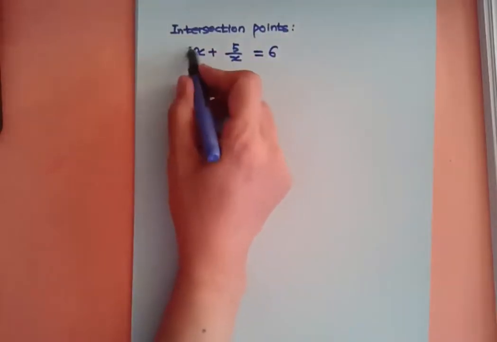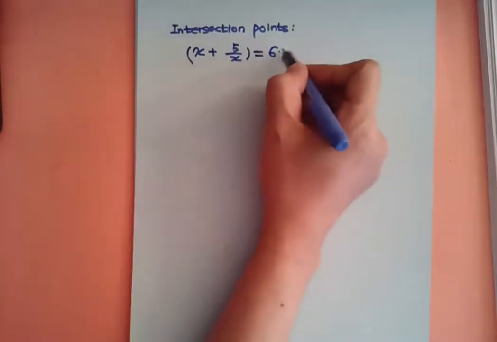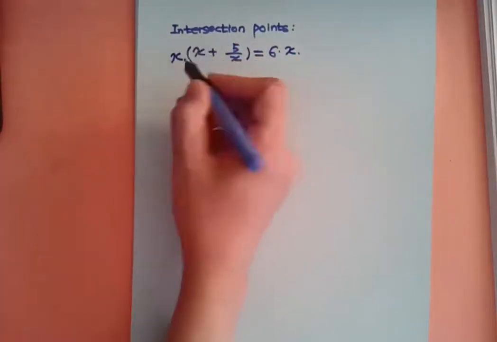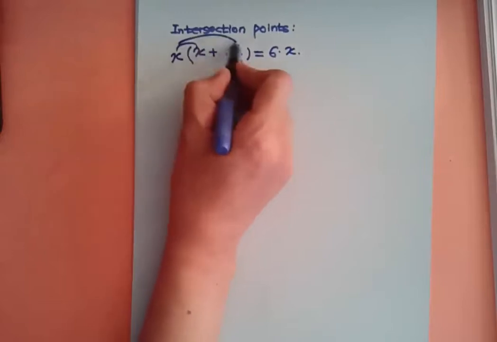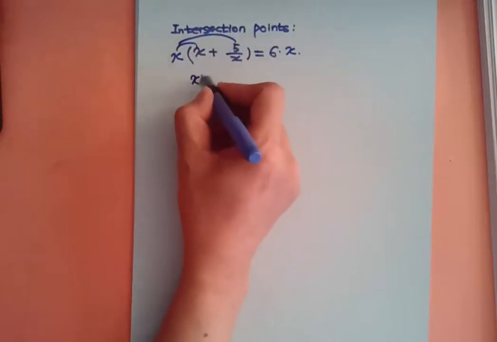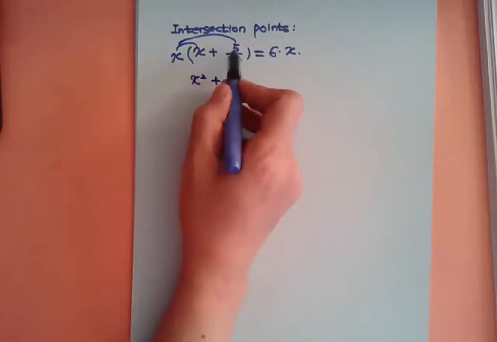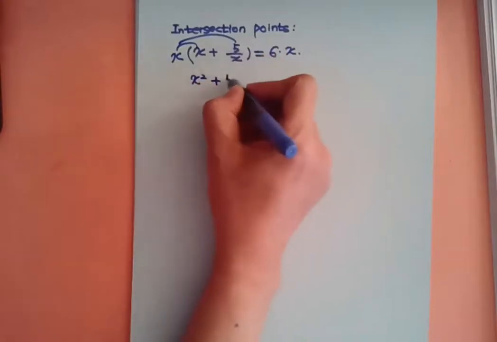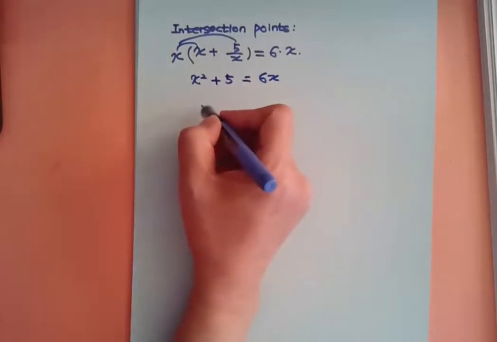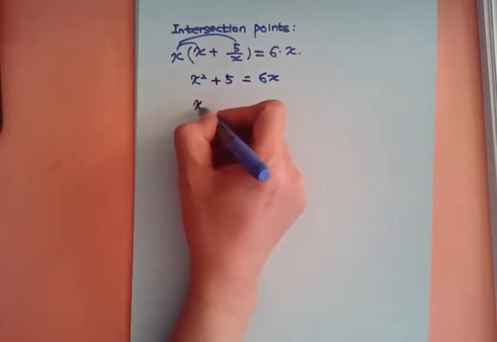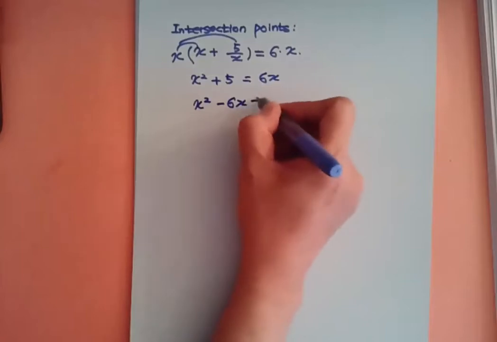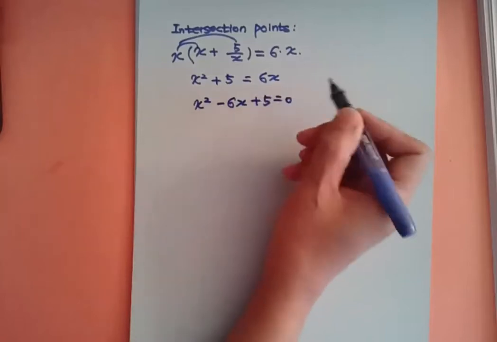Let's multiply by x on both sides. Then by distributing, x times x will make x squared, plus x times 5 over x will make 5, equals 6x. We subtract 6x on both sides, then we get x squared minus 6x plus 5 equals 0.